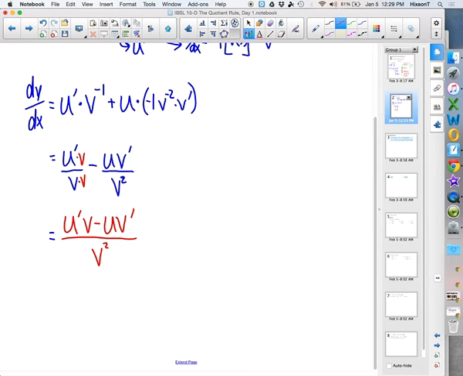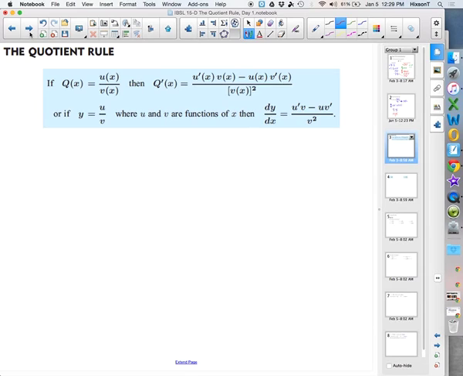And then the whole thing is divided by v squared. So there's our rule, the actual statement of the rule: dy dx is u prime v minus u v prime, all over v squared.